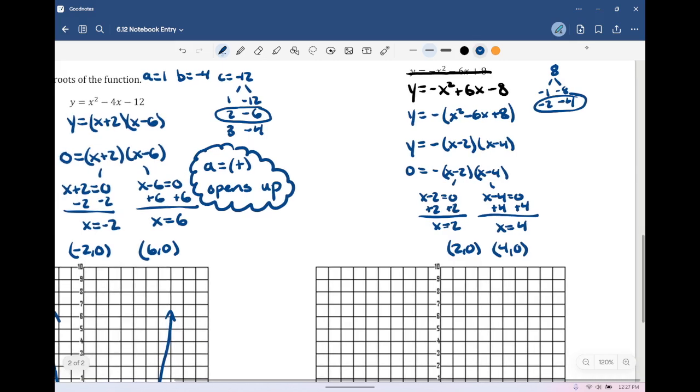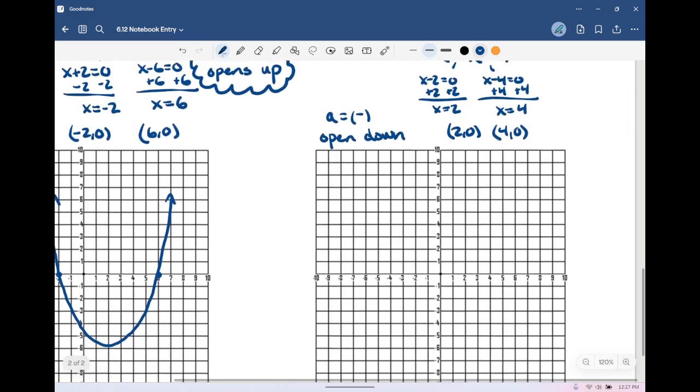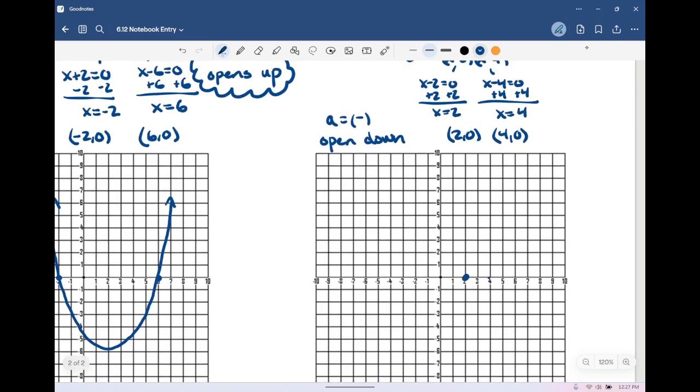Now again, we already named, A is negative, and so this is open down. And so when I go to sketch this, I have 2, 0 here, and I have 4, 0 here. Oops. Might look something like that.